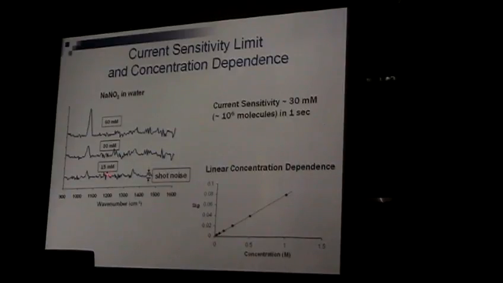This is shot noise, and we can almost reach it. Our sensitivity is now about several 10 millimolar in 1 second for this. By the way, single frequency has about millimolar sensitivity. So this is still much less sensitive than fluorescence, but you don't need any labeling. Actually, 1 millimolar is kind of a barrier, and people try to overcome that.